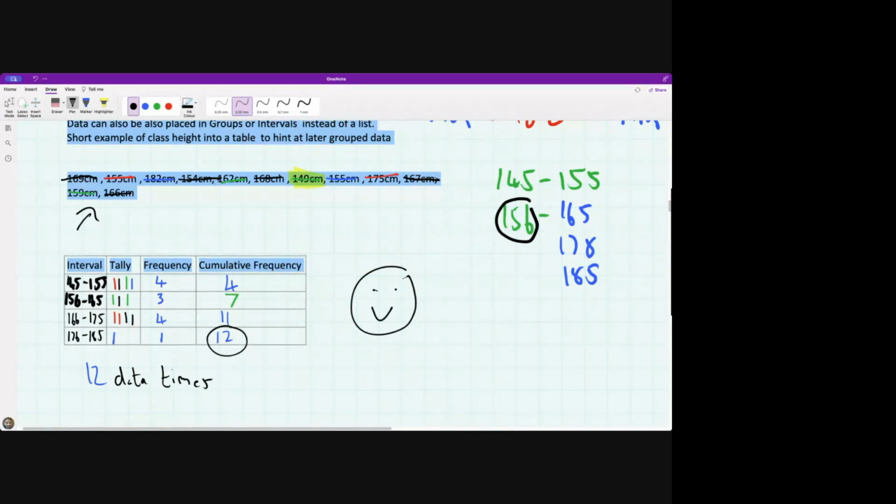Does anybody have any ideas why maths teachers prefer these tables to these lists? Or scientists prefer tables to lists? Scientists are always making tables. You can pop it in the chat, I'll read it out, or you can put your hand up and I'll help you. Why do we like tables? Data people are always making tables.